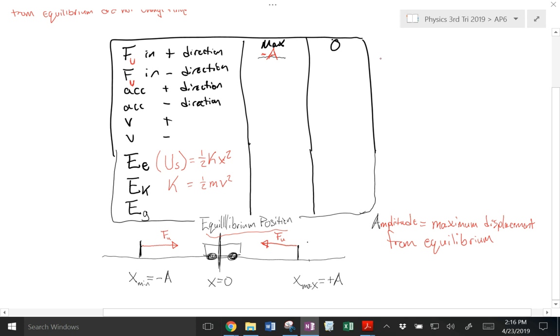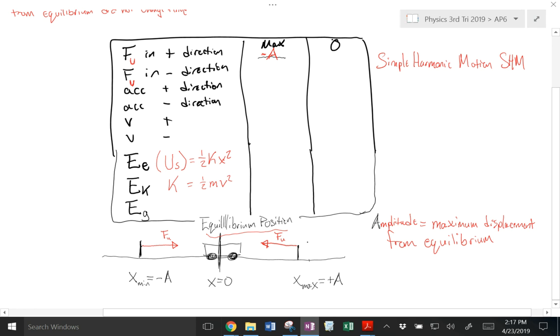So this type of thing is called simple harmonic motion, or SHM, and it's typified by an object that experiences a linear restoring force. It's called a restoring force because it's trying to take it back to the equilibrium position, okay? And it's linear because Hooke's law says that the force is the opposite of kx.